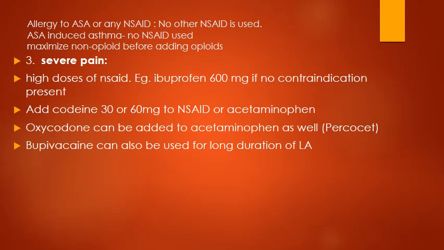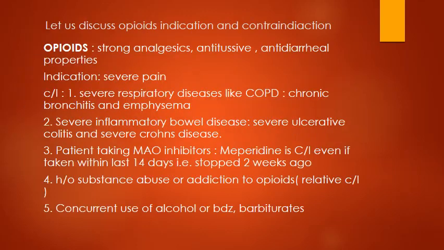Then even bupivacaine can be used to achieve a longer duration of anesthesia. In case of opioids, just remember the combinations like Tylenol 1, 2, 3, what the different strengths are, and in Percocet, what the different strengths of oxycodone and acetaminophen are. So that is important. Please do learn about those things as well.